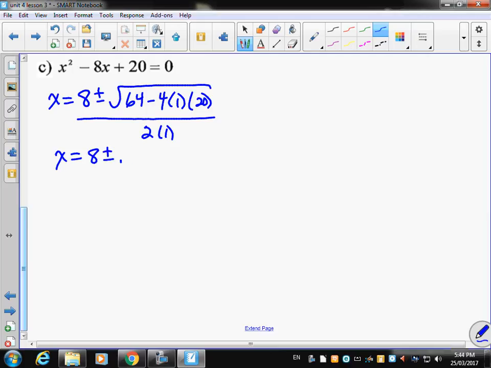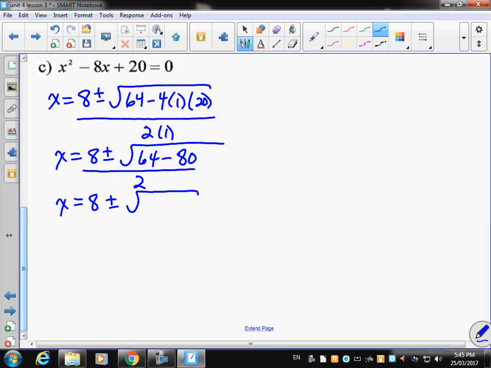Next line, let's tidy up under the root sign. 8, add or subtract. 64. Subtract 4 times 1 is 4. 4 times 20 is 80, over 2. x equals 8, add or subtract. 64 subtract 80, negative 16.